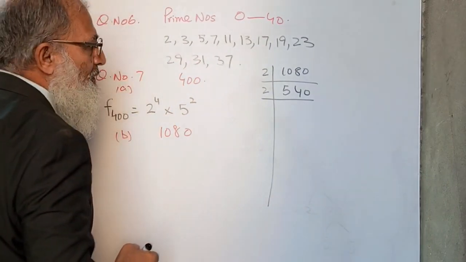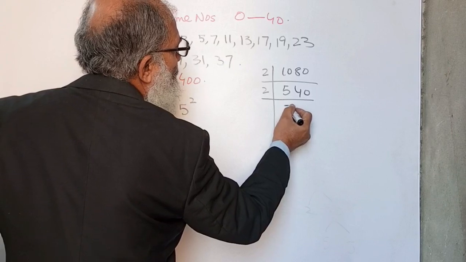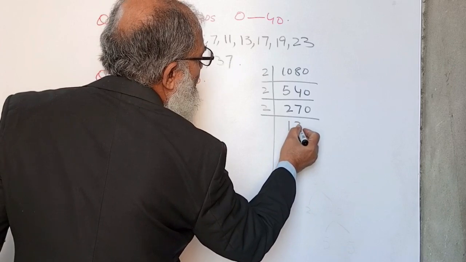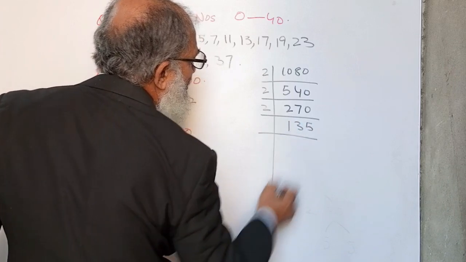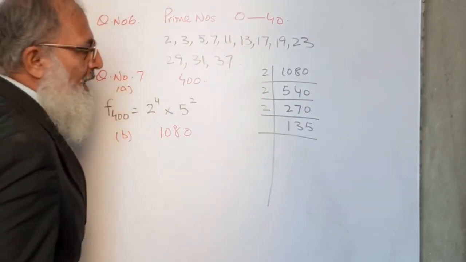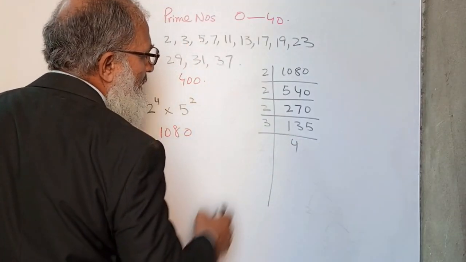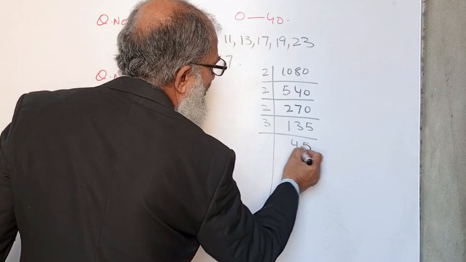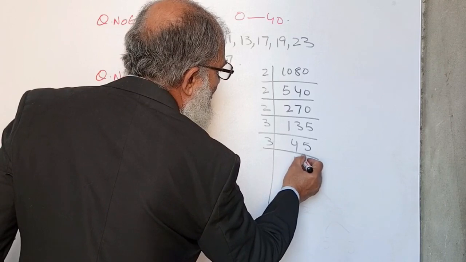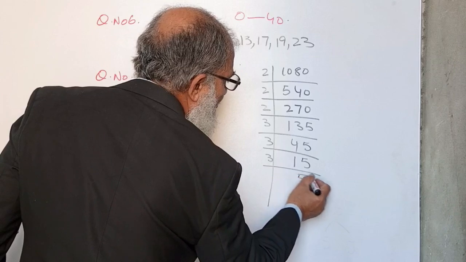Again it can be divisible by 2. 270, then 135. Then 3 times 45, 3 times 15, 3 times 5, and 5.